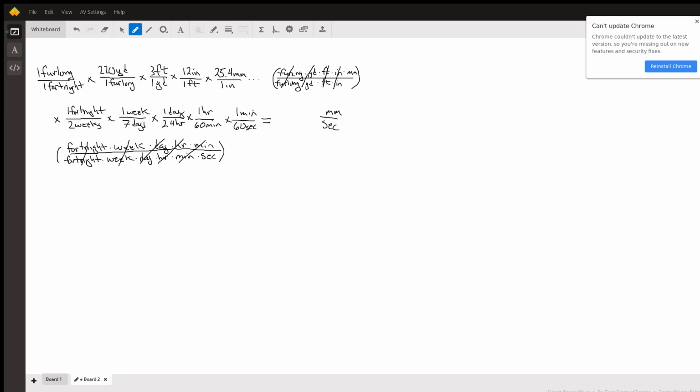So that is 201,168. And then the product of the denominators is a bunch of 1s to begin with.